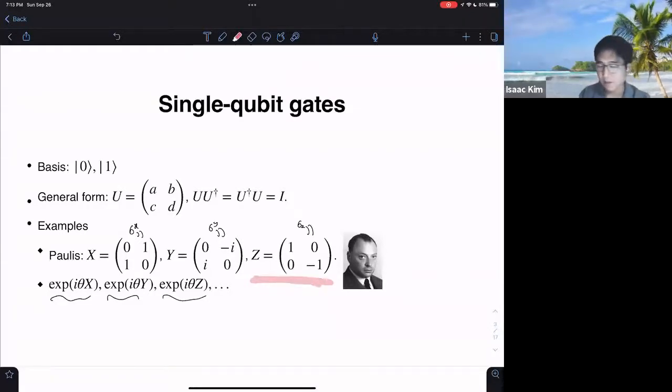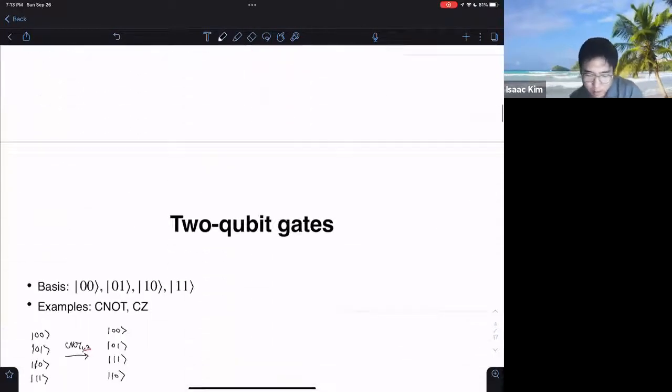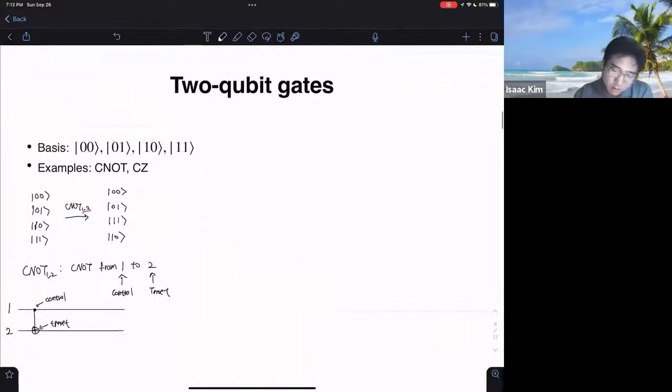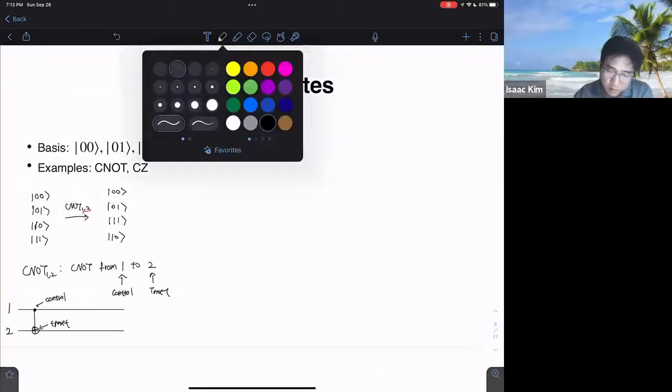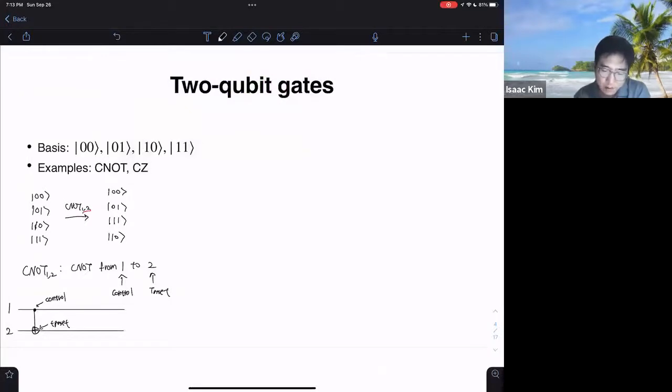And if your state is in the 1 state, then you apply a phase of -1. And for now, I'll just follow the same convention as the CNOT gate, and say CZ 1, 2.